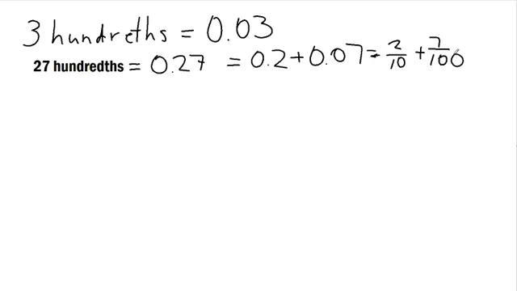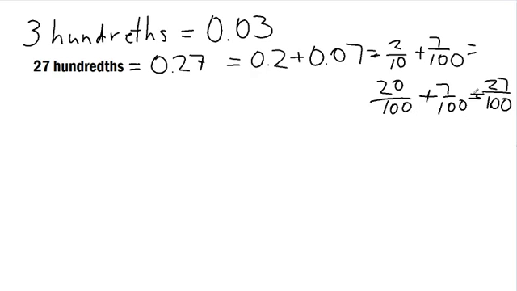Okay, and that's the same as 27/100ths, because 20/100ths is the same as 2/10, so 20/100ths plus 7/100ths equals 27/100ths. Okay.